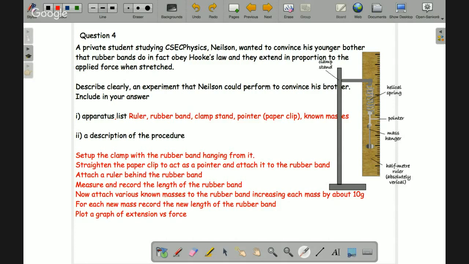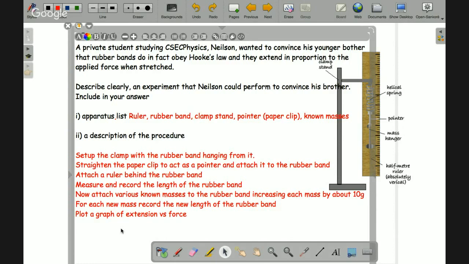Okay, let's continue quickly. Okay, so this is your procedure basically. Okay, so that's the procedure.